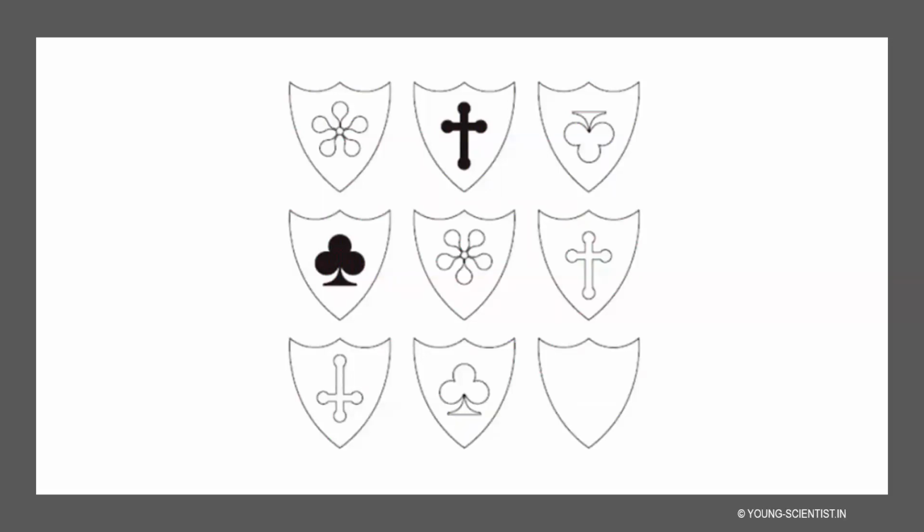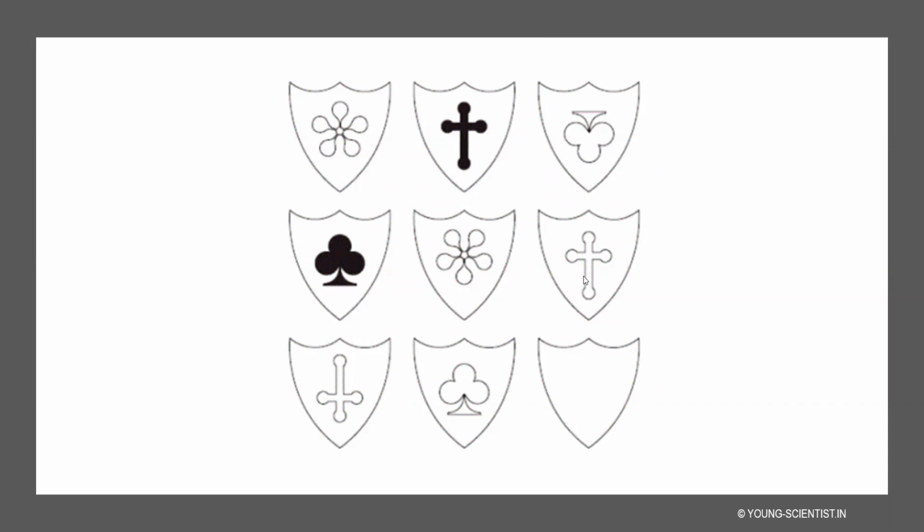Now, something else to notice is that one shape in each row gets turned upside down. In the first row, we have the three-leaved clover. Right? That's upside down.